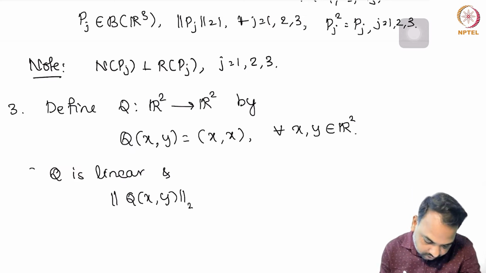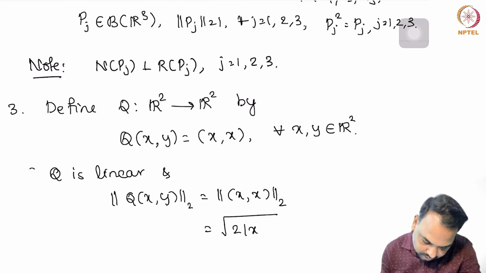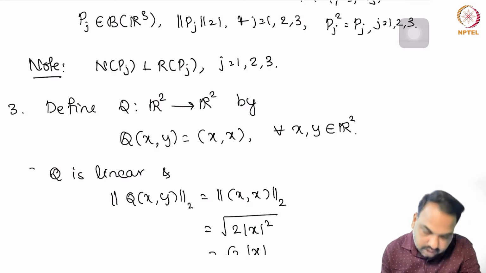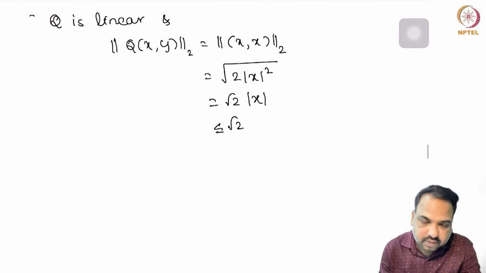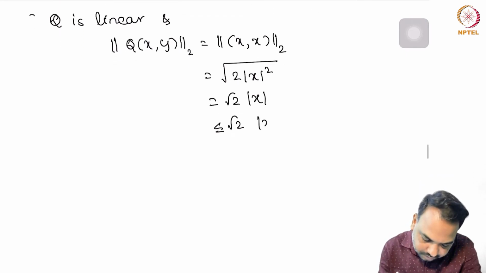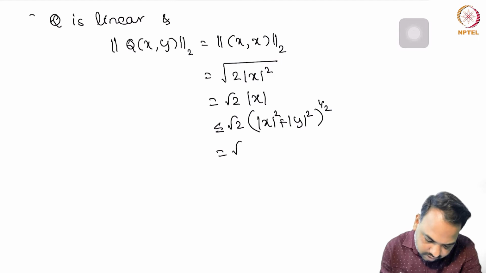So the L2 norm of Q(x, y) is nothing but the L2 norm of (x, x). This is square root of 2 mod x square, which is root 2 times mod x, and we know this is less than or equal to root 2 times (mod x square plus mod y square) power 1 by 2. That is root 2 times the norm of (x, y).